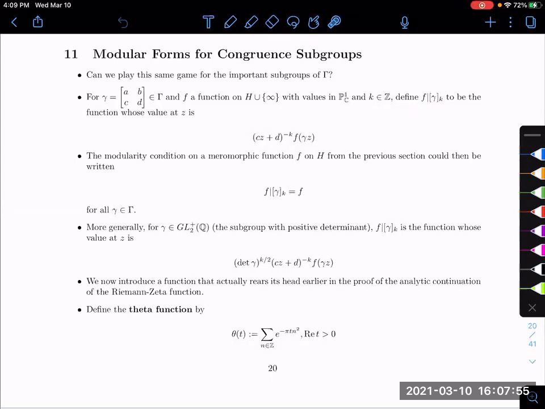And what is it? It's a function whose value at z is the right-hand side of that automorphy condition, so cz plus d to the negative k times f of gamma z.